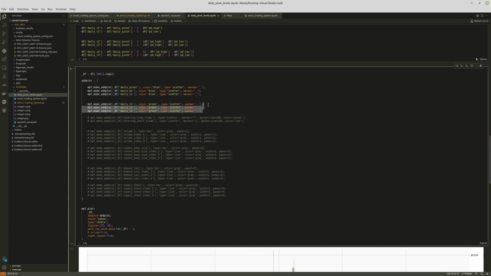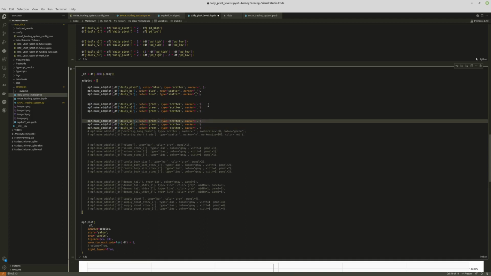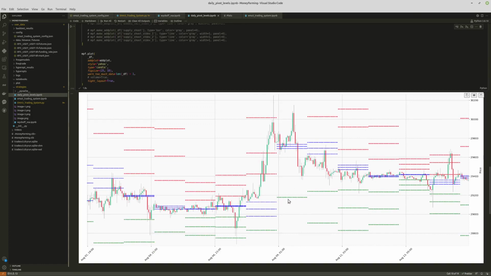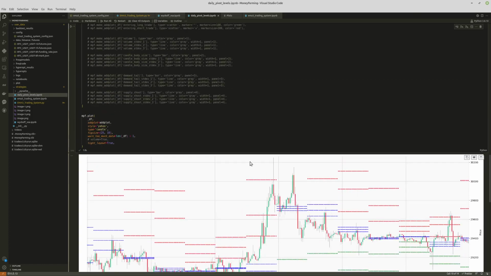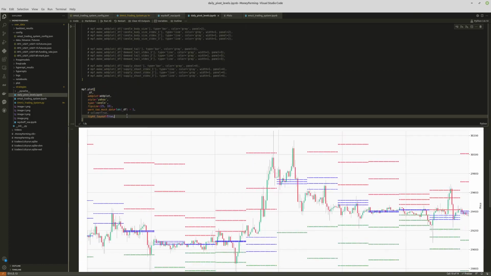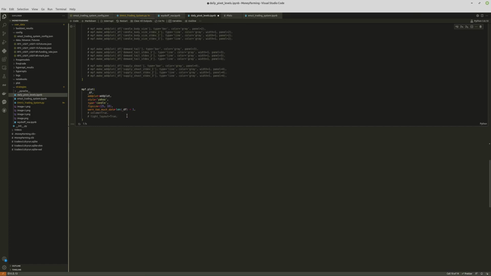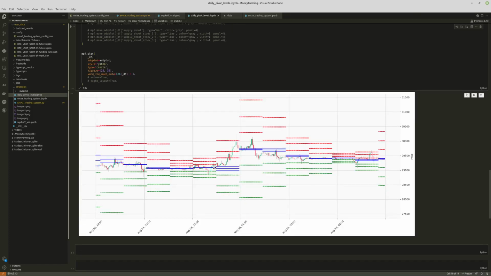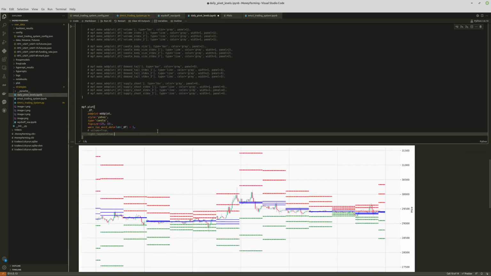S2, S3, R red. Okay. So there we go. All right, and if I turn the tight layout to false, then we can see that. Okay, so let's turn it back up.